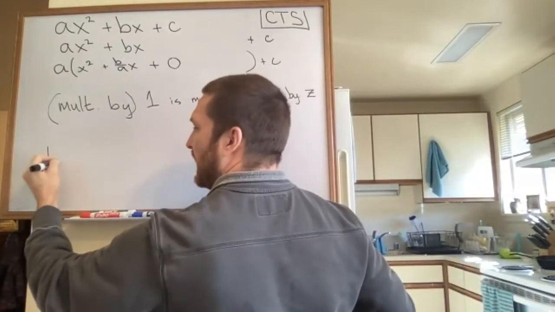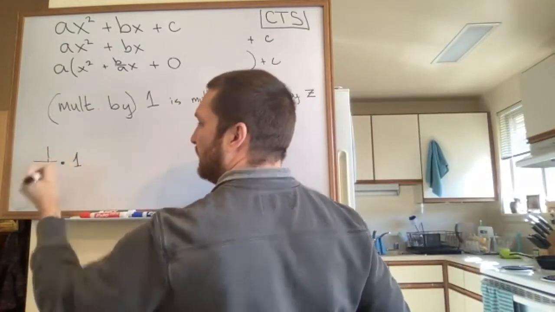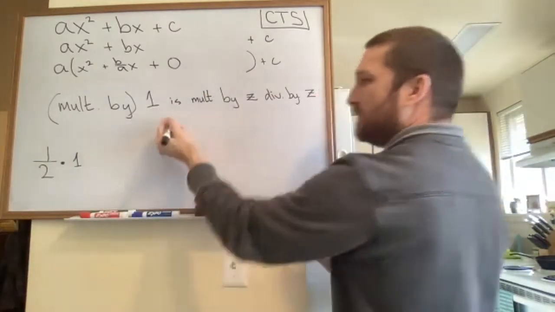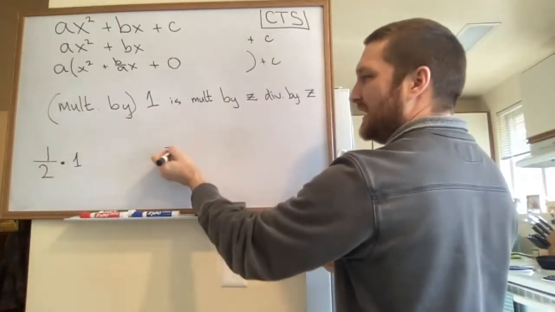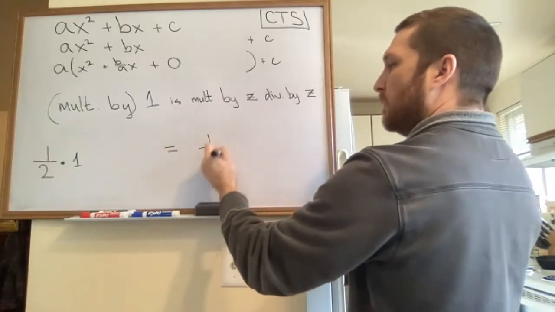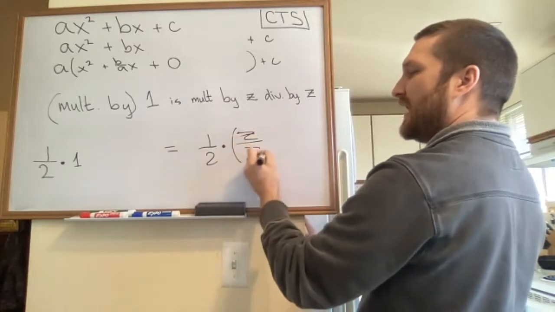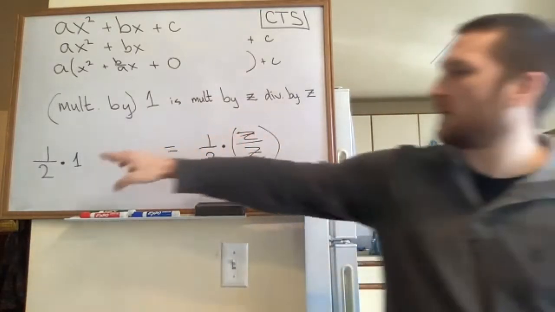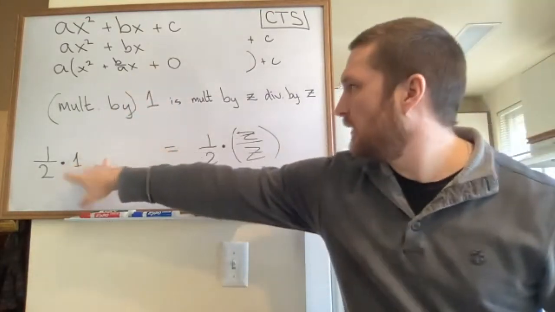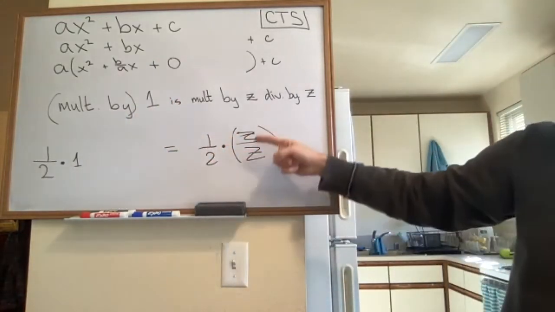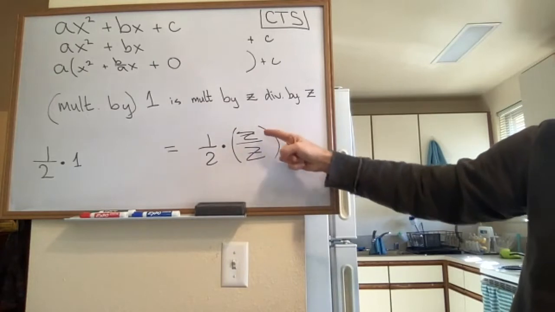We took something and we didn't want to change it, so we multiplied by 1, right? But then we said that that's the same thing as multiplying by some number divided by itself, right? This is what I'm saying here. Multiply by 1 is the same thing as multiplying by some number divided by itself.